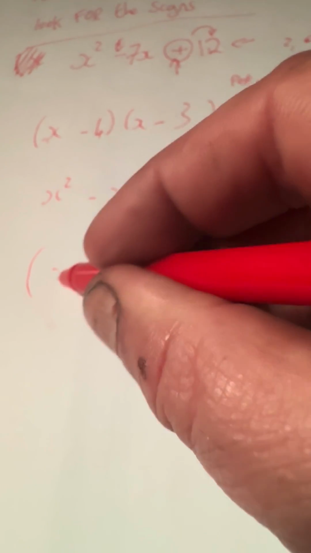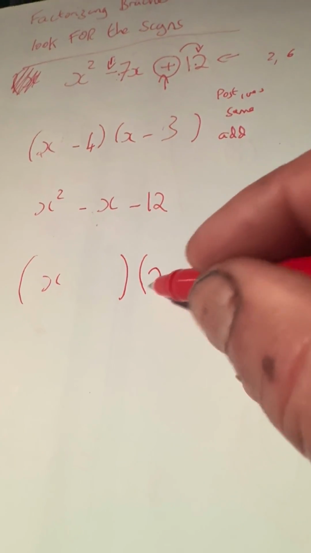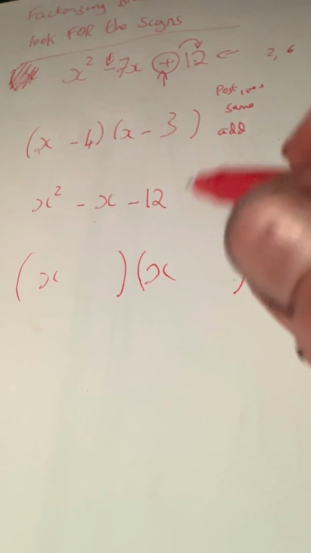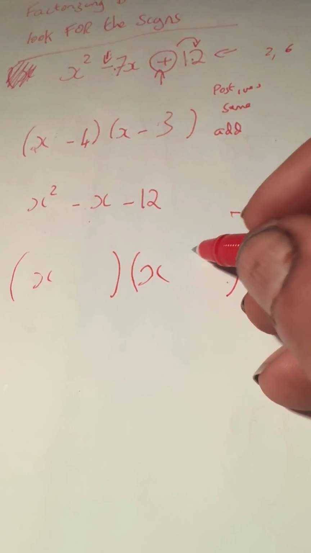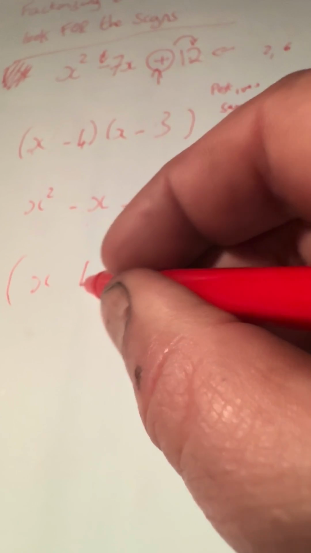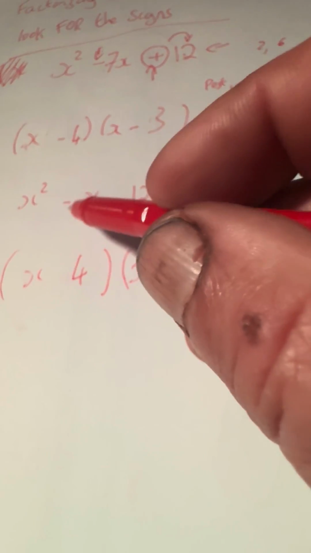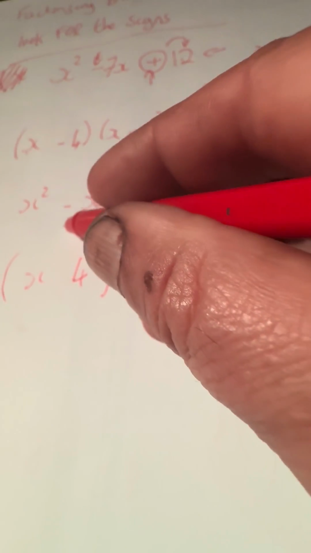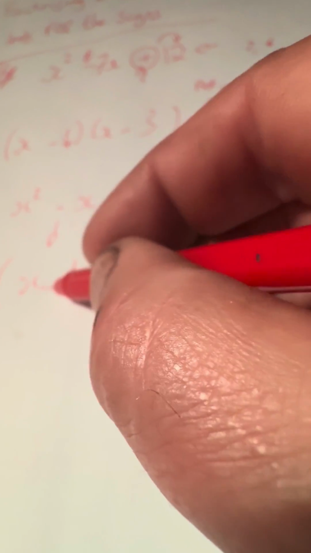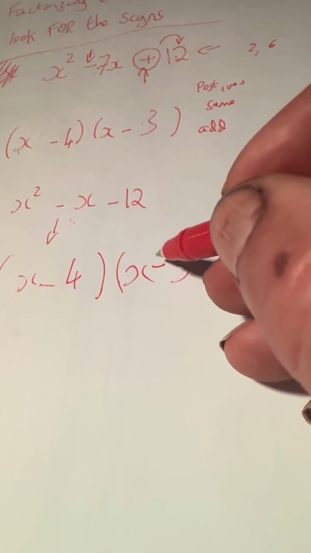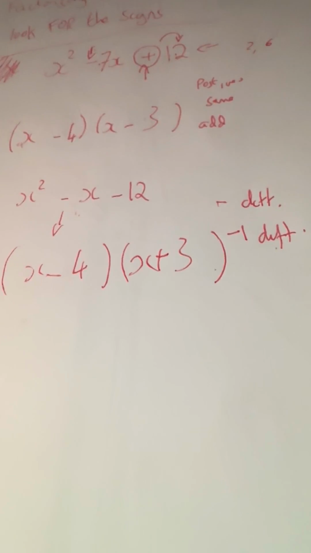So we put our x in, x and x. Two numbers multiply together to give you 12, well, 3 and 4. One's going to be positive, one's going to be negative. The bigger one is going to be negative because that is negative. And there you have it.